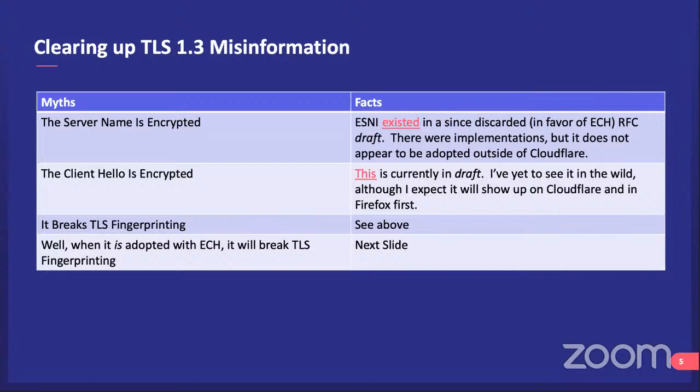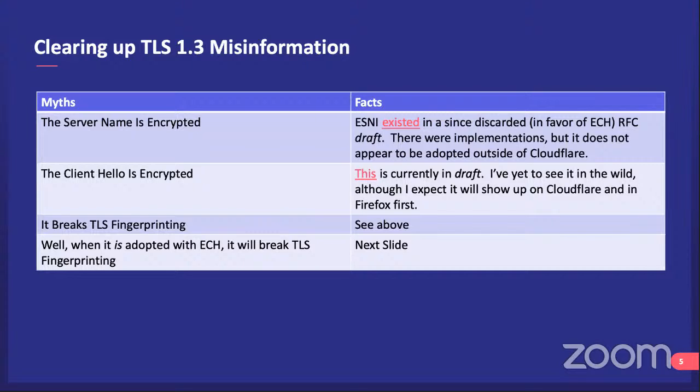And as I said, there were implementations, or there currently are, but it doesn't appear to be adopted in a large sense outside of Cloudflare. If you want this to be adopted widely, that means Apache has to pick it up, Nginx has to pick it up, or I guess the OpenSSL or Nginx implementation of that. But all of the libraries, Caddy, for example, have to implement this in order for it to work on the server side.